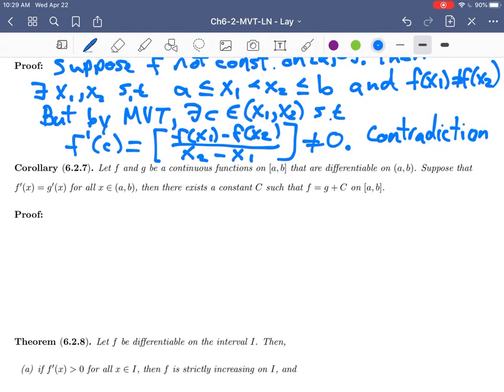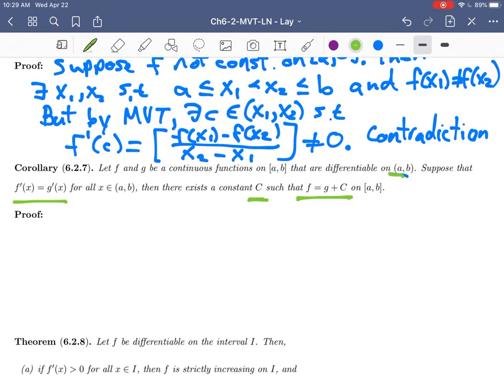As a corollary to this, if f and g are continuous functions on the closed interval and differentiable on the open interval, and we suppose that their derivatives are equal, then there is a constant c such that f is equal to g plus c. So if the functions f and g have the same derivative on that open interval, those two functions have to differ by a constant.